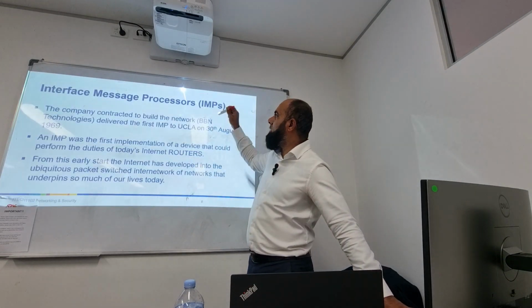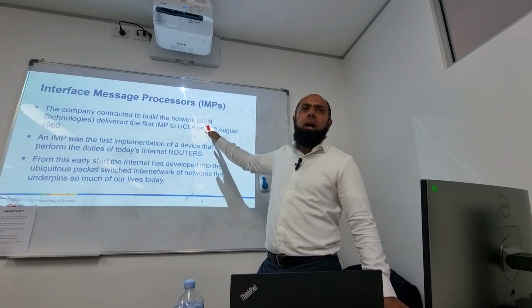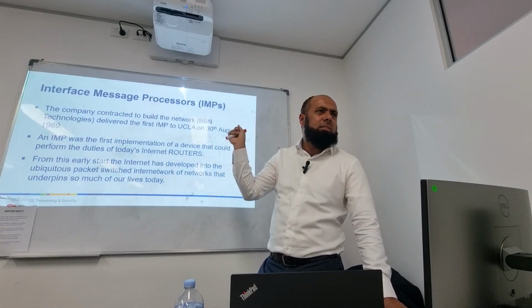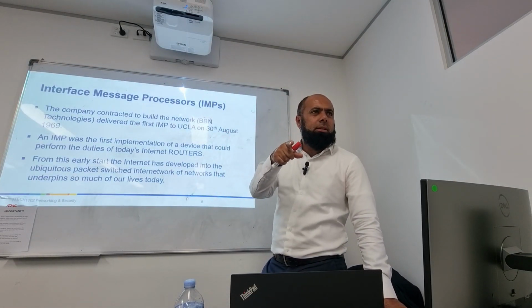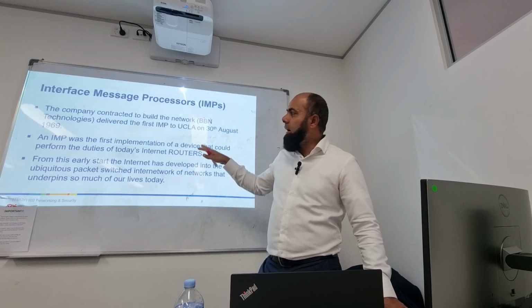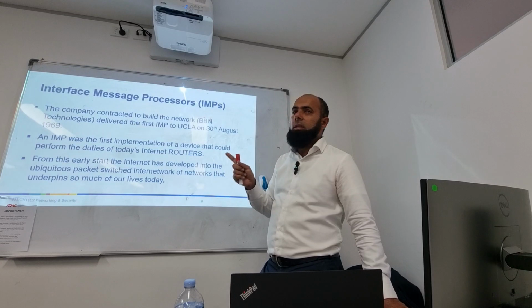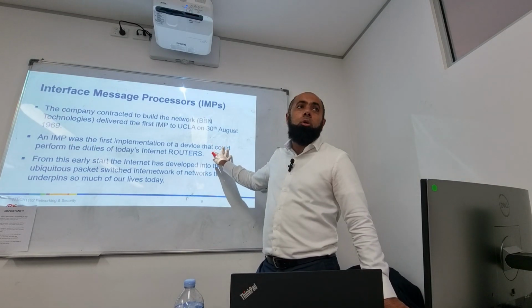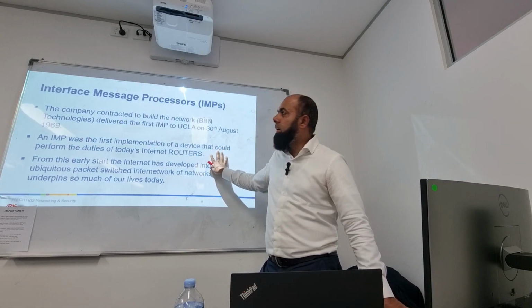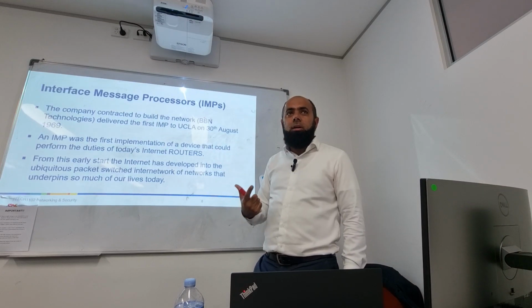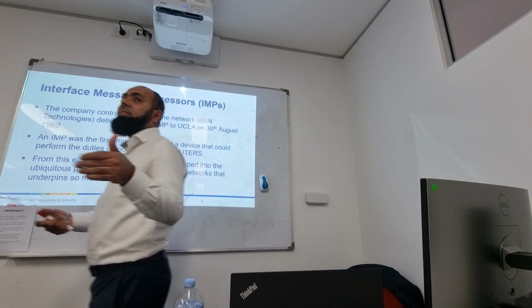Then another important thing was the interface message processor. I think we did this in last week's recording, and maybe I will share it with you so you can see it in more detail. I just want to give you a taste so that week 3 makes sense today.